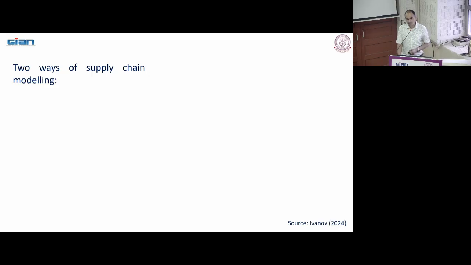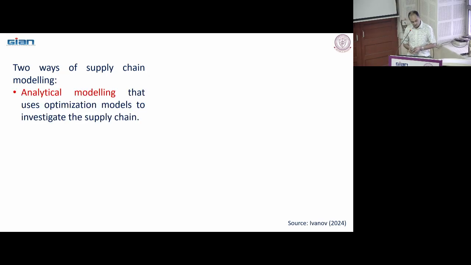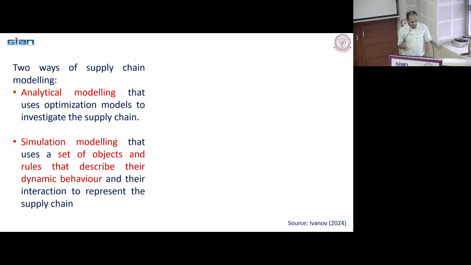So there are two ways of supply chain modeling in this tool. First one is the analytical modeling, that uses optimization models to investigate the supply chain. You develop the model, then you solve with the optimization like greenfield analysis and network optimization. Second one is the simulation modeling, that uses a set of objects and rules. So in simulation, we define all the entities involved in your supply chain.